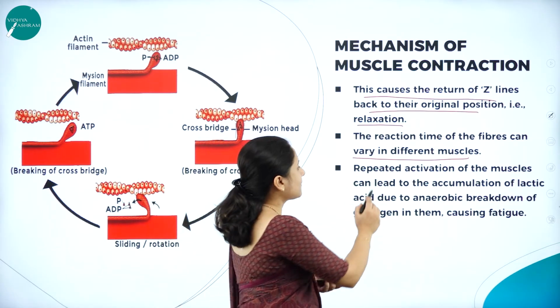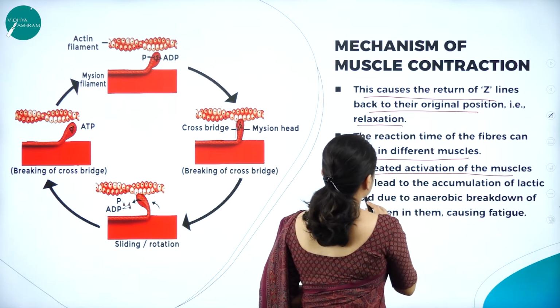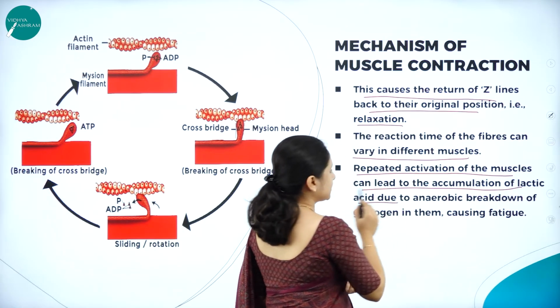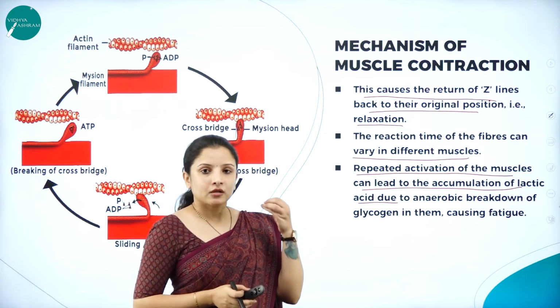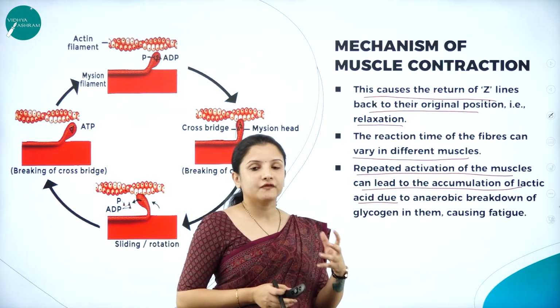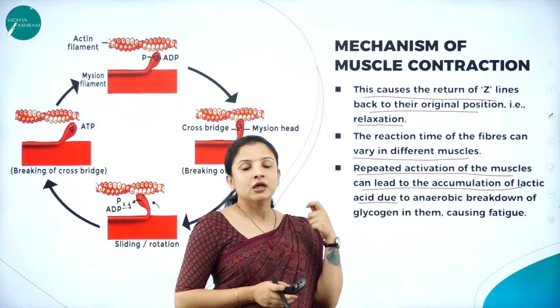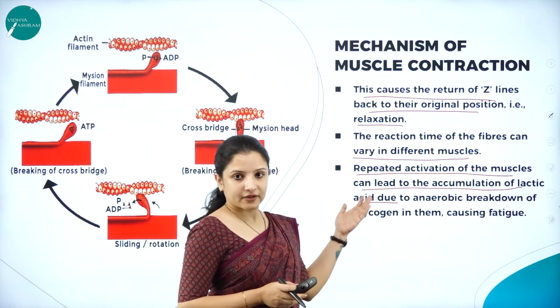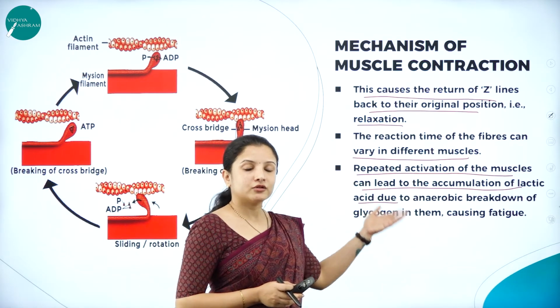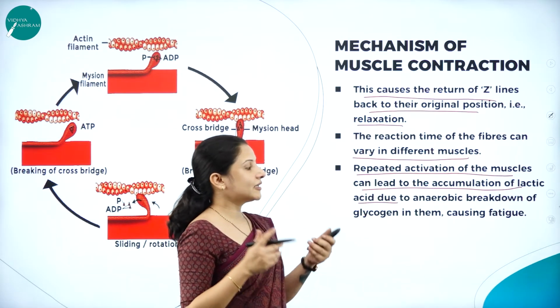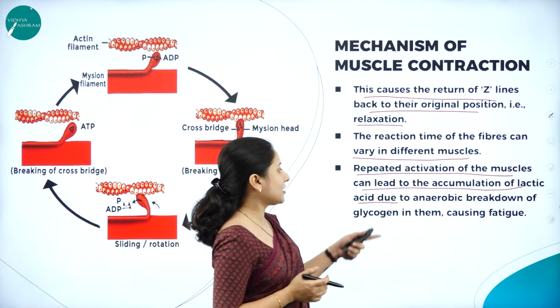So repeated activation of the muscle can lead to the accumulation of lactic acid. What happens here? In such conditions, especially in athletes, because of the unavailability of oxygen, it will lead to anaerobic respiration, wherein the glucose gets converted into lactic acid, and the accumulation of lactic acid will take place.